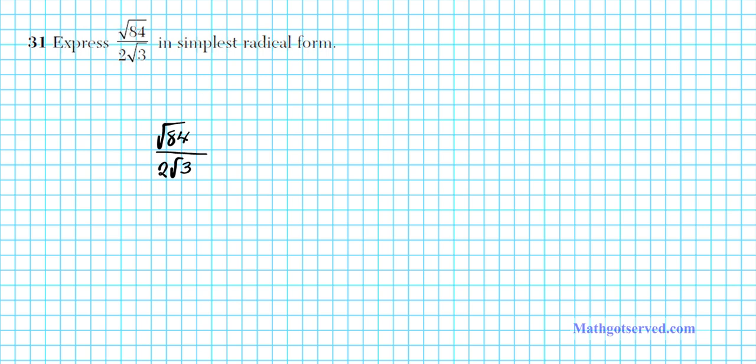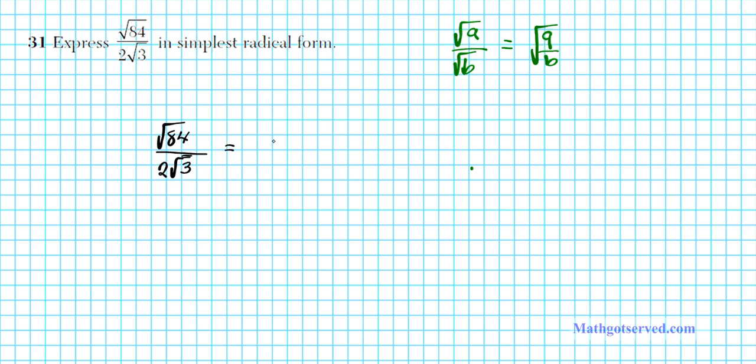Now, there's a property of radicals that I'm going to be using here. We have the square root of a over the square root of b. These two can be expressed as a combined radical, root a over b. So here I'm going to combine 84 and 3, since they're both radicands.